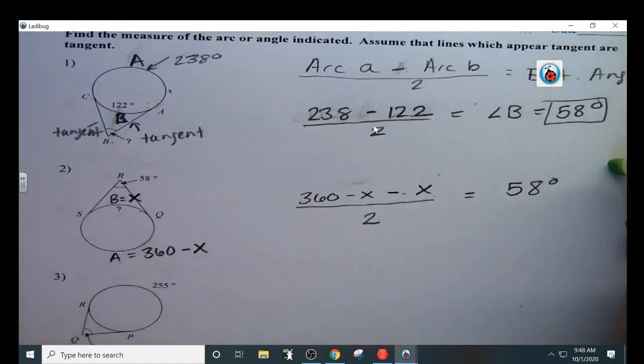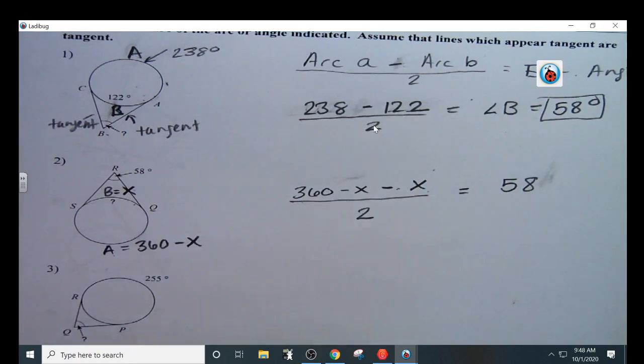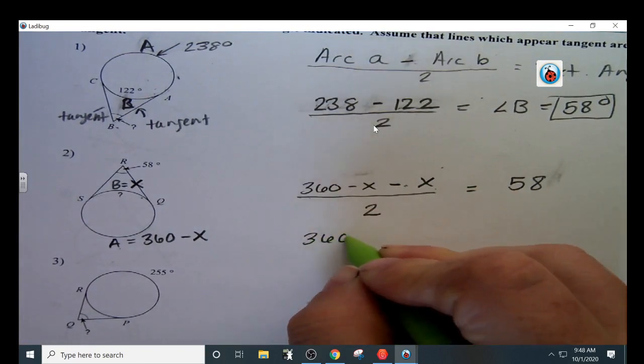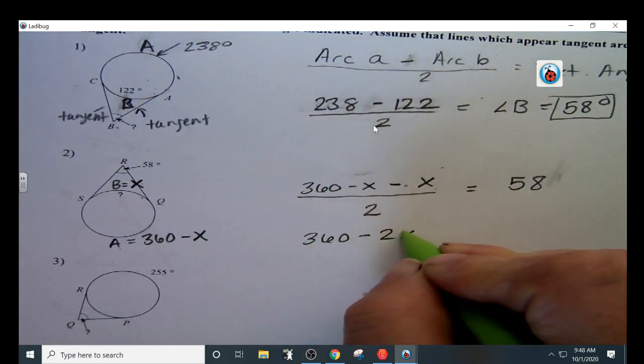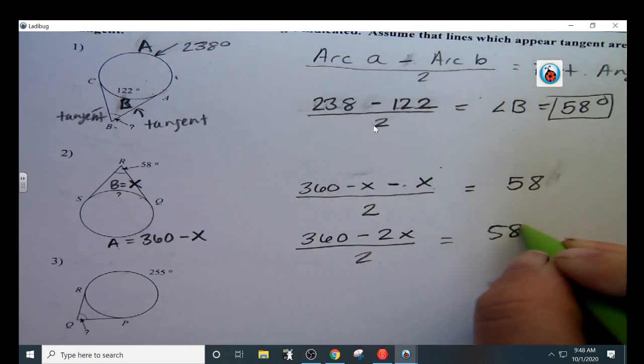Or you can put 58 degrees. So what we need to do first is clean this up on top. That's going to be 360 minus 2x divided by 2 equals 58.